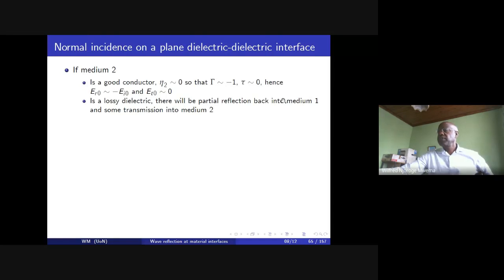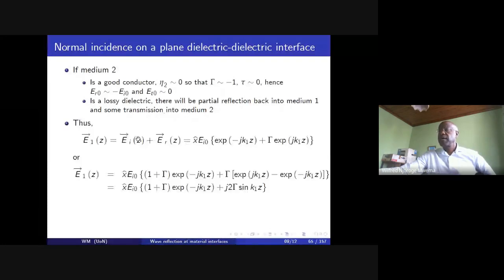The reflection back into the medium would be partial, because some of the field will penetrate the second medium, and some of it will be reflected back, just like we have seen for the lossless dielectric-dielectric interface. We have a transmitted wave that is non-zero and a reflected wave that is therefore partial, so to speak.